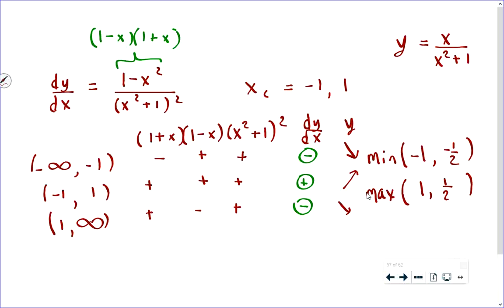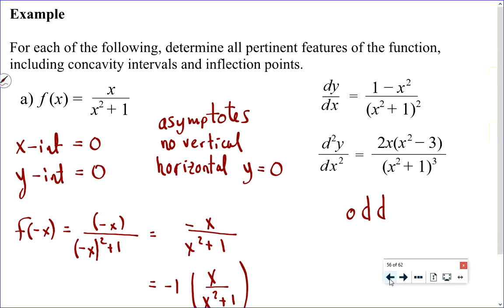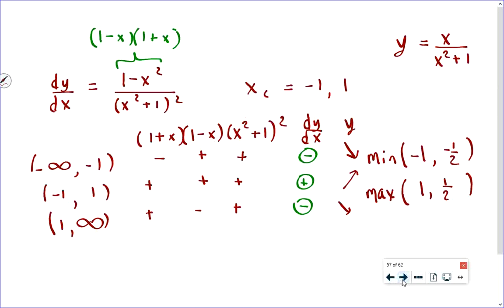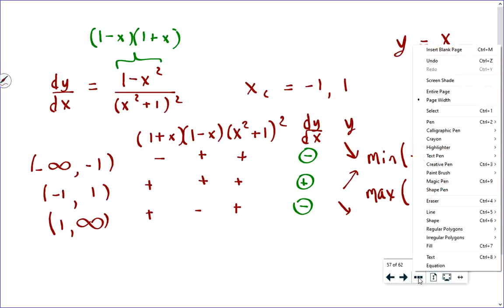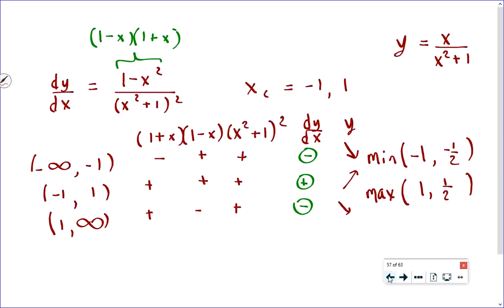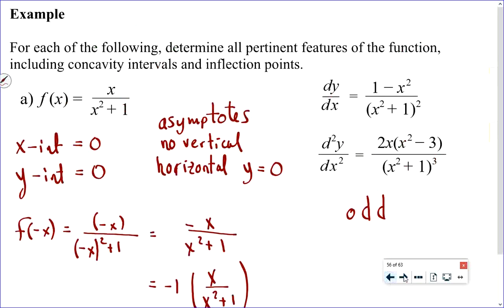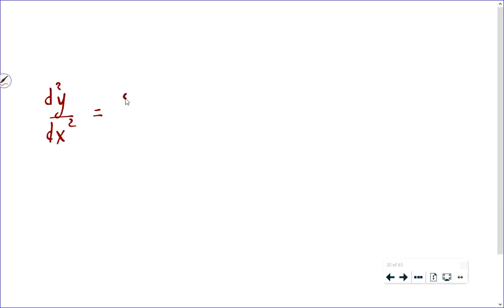Now we need to do inflection points, so we need to look at the second derivative. And the second derivative is 2x times x squared minus 3 over x squared plus 1 cubed.